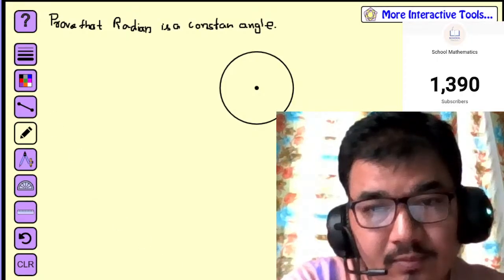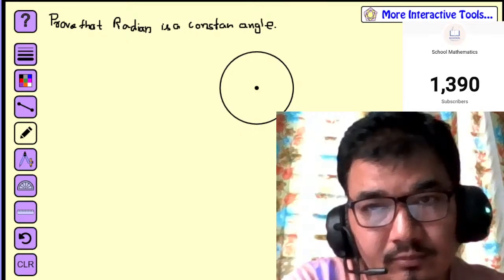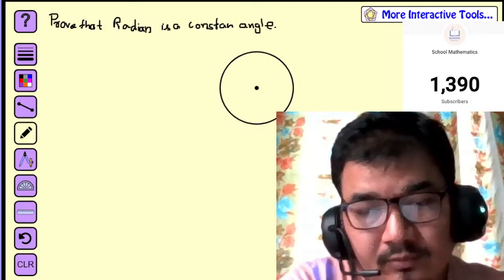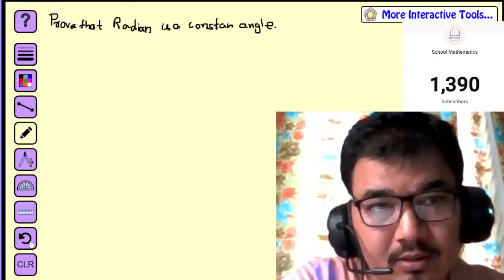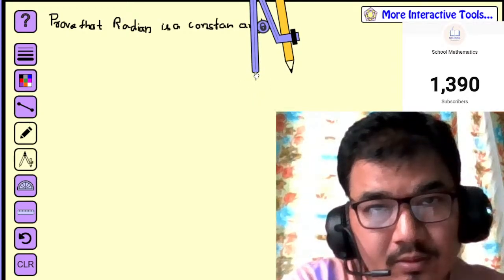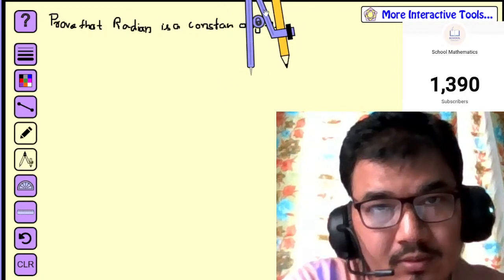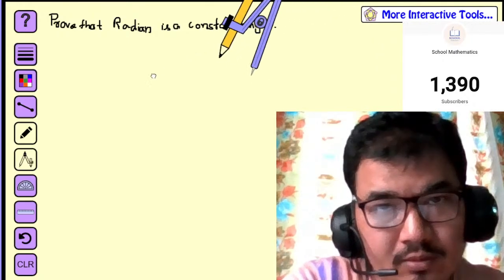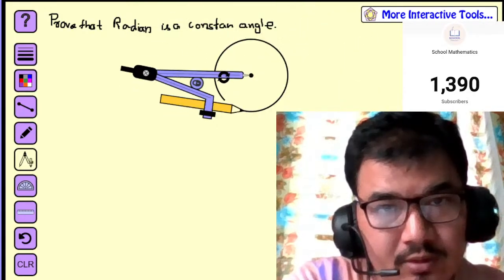Let's draw this circle a little bit up. Now you can draw it like this.